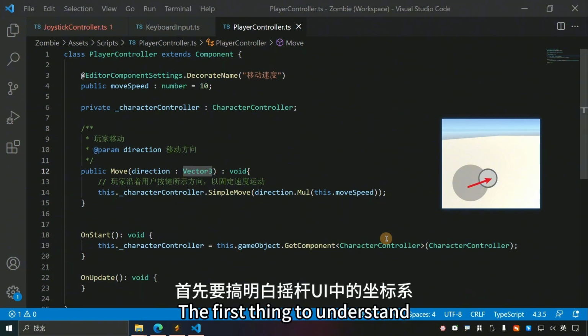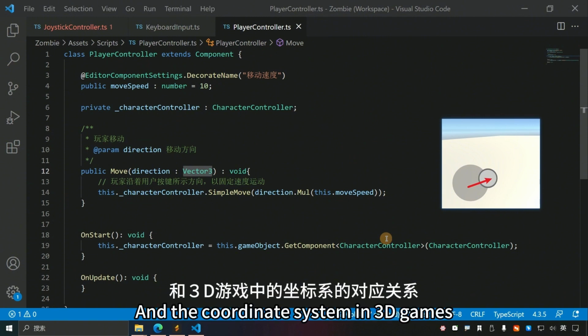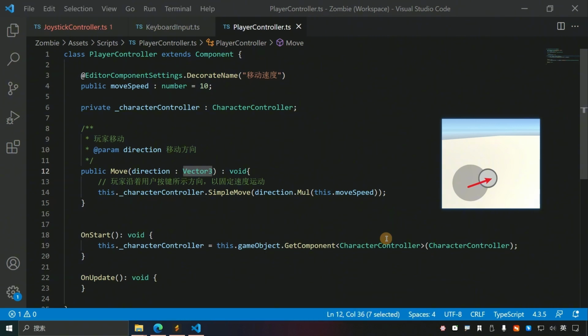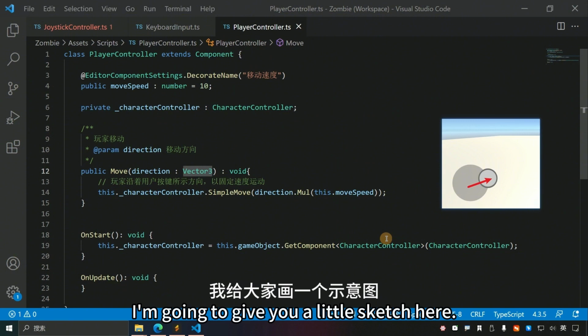The first thing to understand is the coordinate system in the joystick UI and the coordinate system in SandMod games. I'm going to give you a little sketch here.